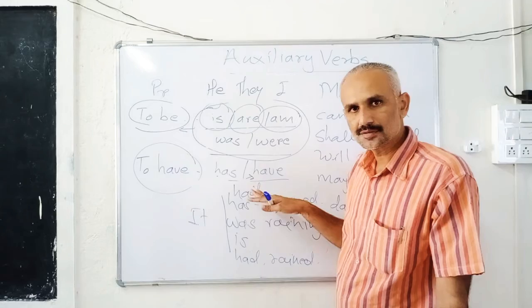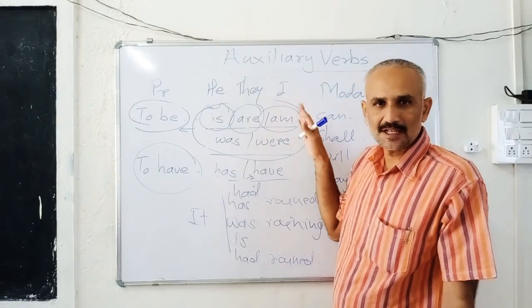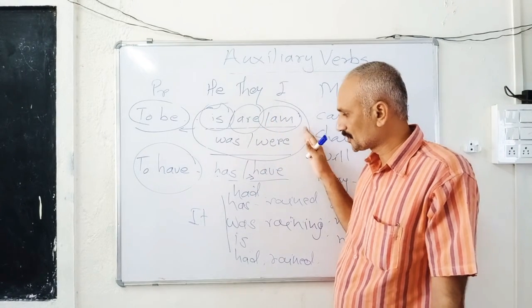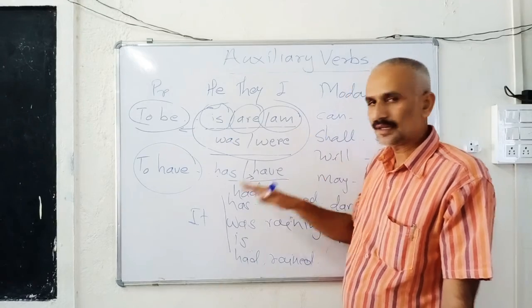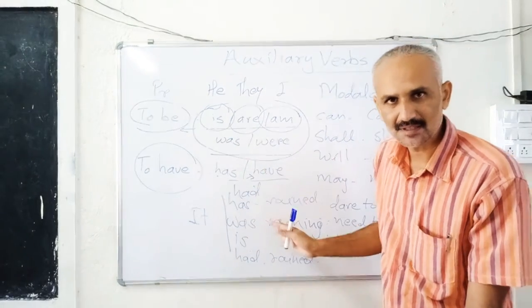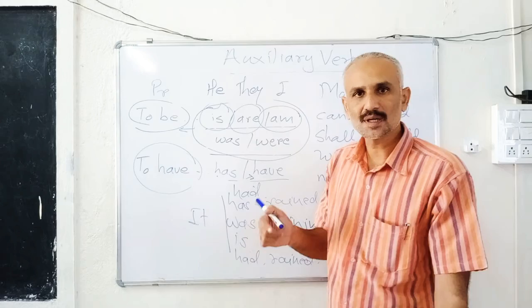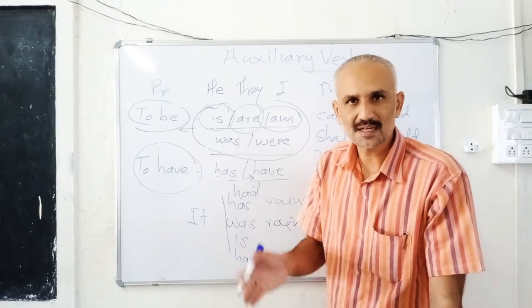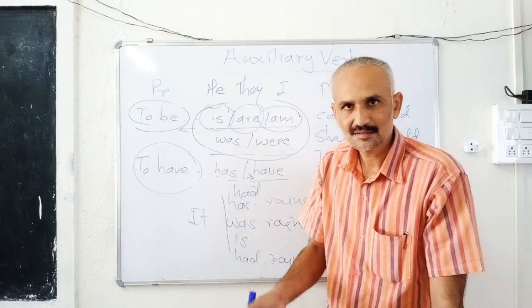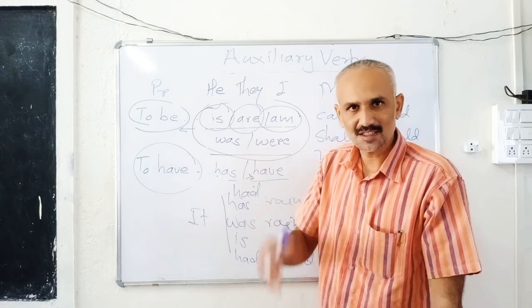Hope you have understood the auxiliary verbs, their forms, and subject verb agreement. In the next video, we will talk about subject and verb concord, first person narrator, second person narrator, and third person narrator.